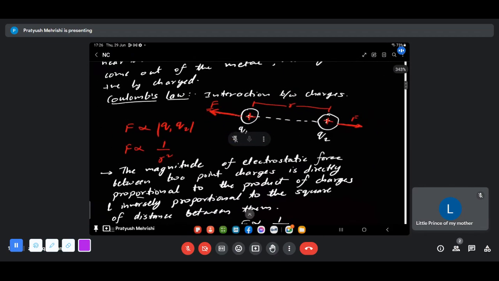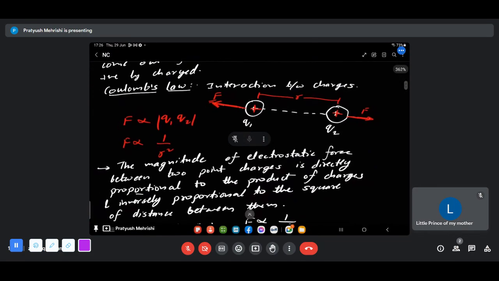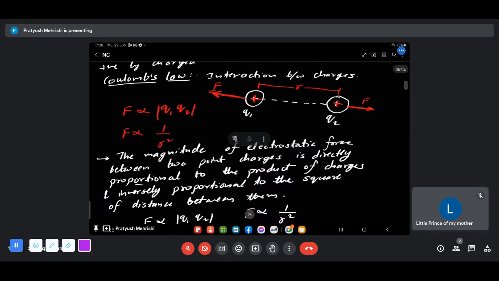These are all the 7 methods of charging. Next to it is Coulomb's law, the law of interaction between charges, how two charges interact with each other. Whenever two charges are situated in proximity, they exert a force upon each other.